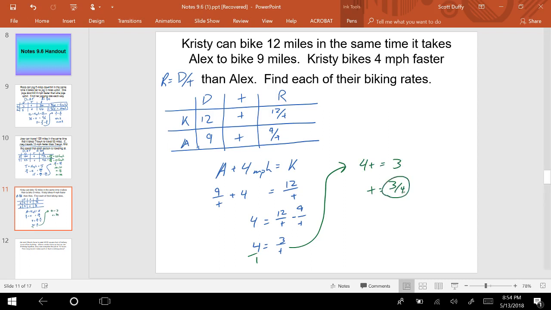Now we're going to plug this in for the t. 12 divided by our 3/4, or 0.75, and 9 divided by 0.75 equals 16 miles per hour for Christy and 12 miles per hour for Alex.